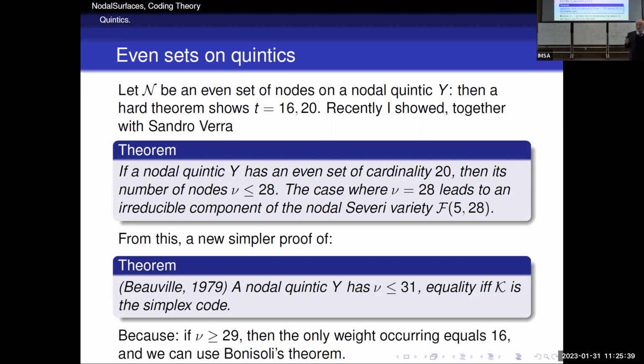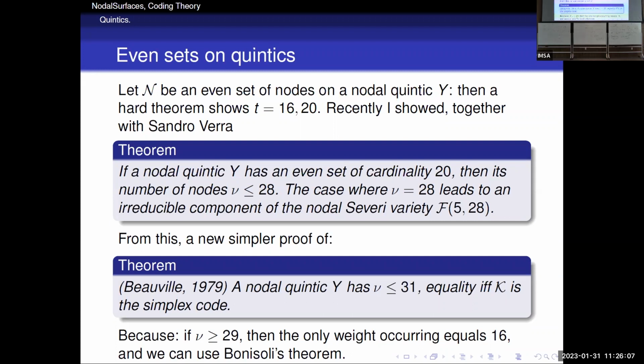Now, the inequality comes from application of the Bezout theorem for the base points of this web of quartics. So, if you get cardinality 20, then you get at most 28 nodes, and you get an irreducible component of this nodal variety. So this is based on some earlier work by Sandro Verra about prime varieties.